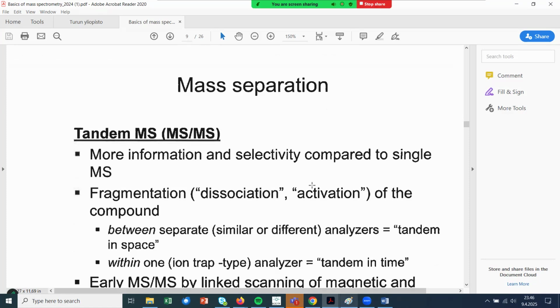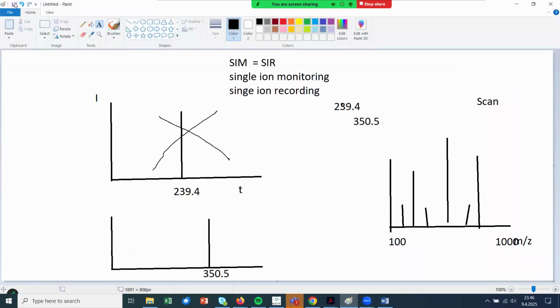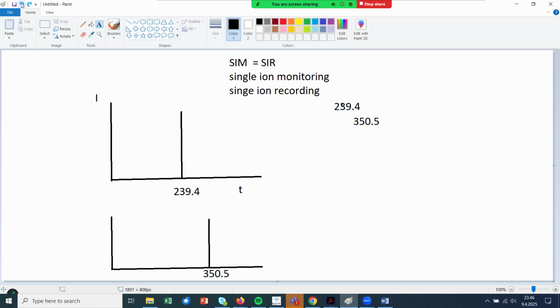A good example: let's say we have this molecular ion with this molecular weight, or the m/z value to be more precise.